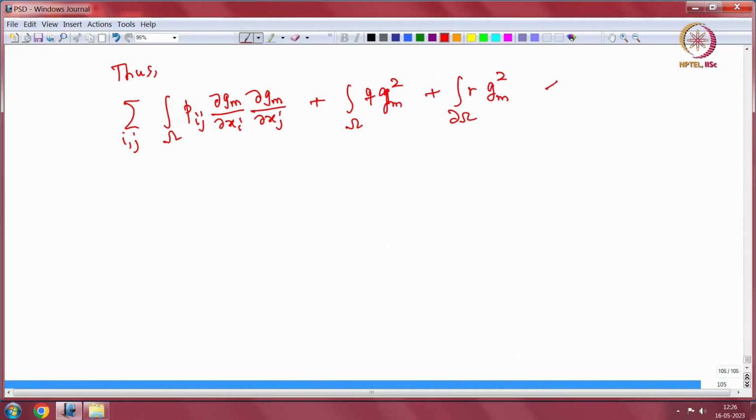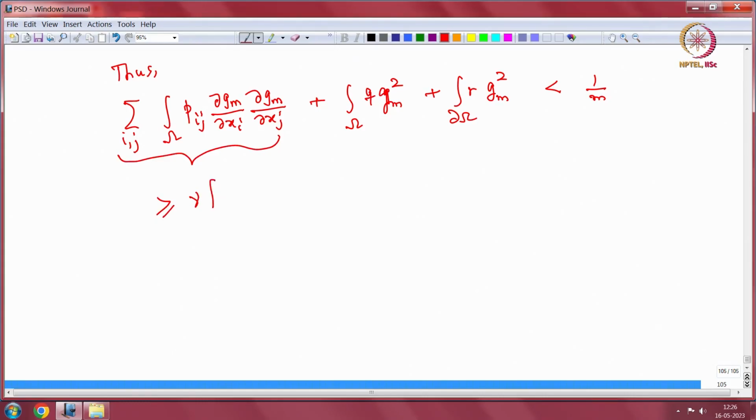So this is less than 1 by m. So from the positive definiteness, this is bigger than or equal to gamma, maybe some constant. Okay, that does not matter.